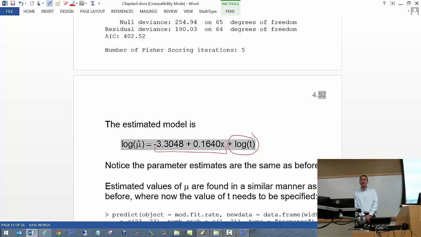Log of 1 is 0. Then your model is exactly what we had essentially before. So what this log of t is doing is helping us account for that. Well, now each observation might represent multiple female crabs. So when that is happening, I want to get the predicted mu for that particular setting. I can make the adjustment corresponding to what t is.